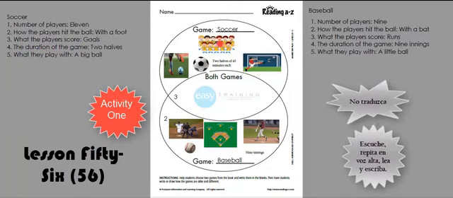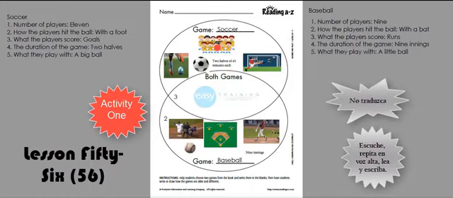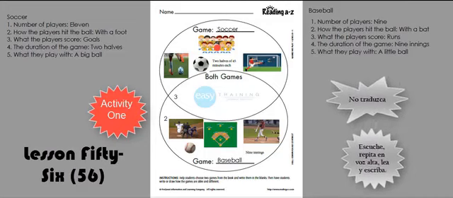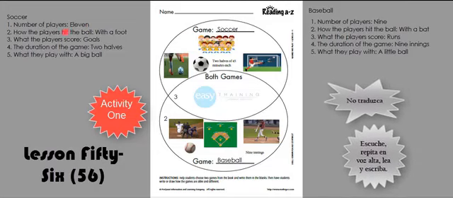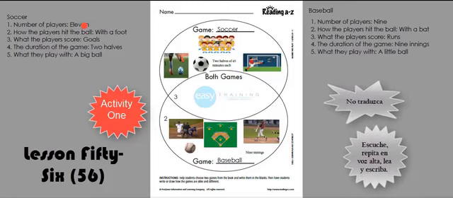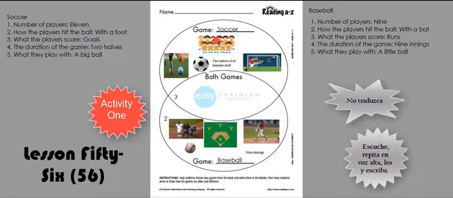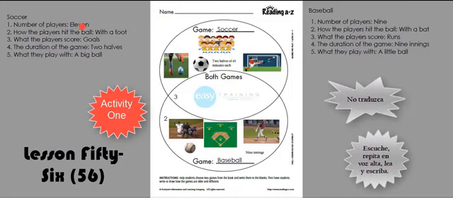Well, this picture shows how many players there are on a soccer team. We can see there are 1, 2, 3, 4, 5, 6, 7, 8, 9, 10, 11. There are 11 players on a soccer team.